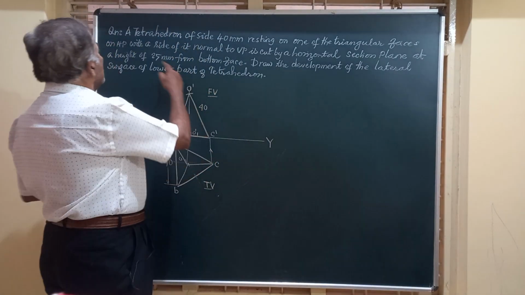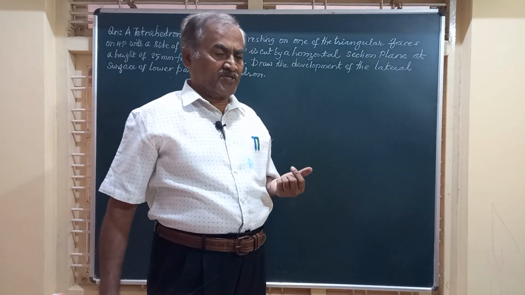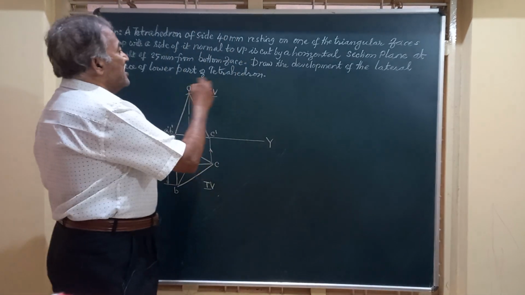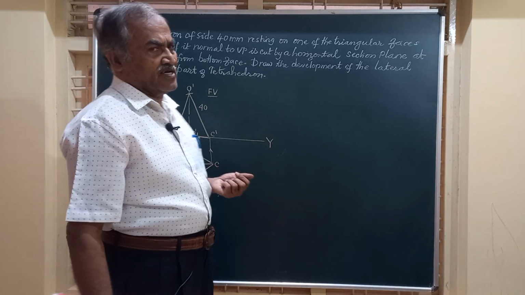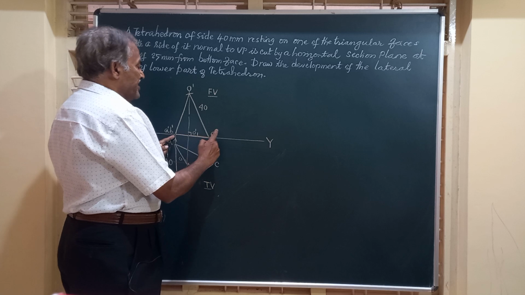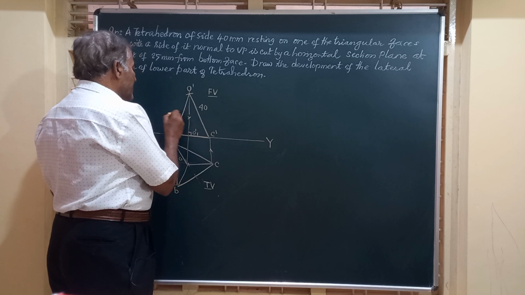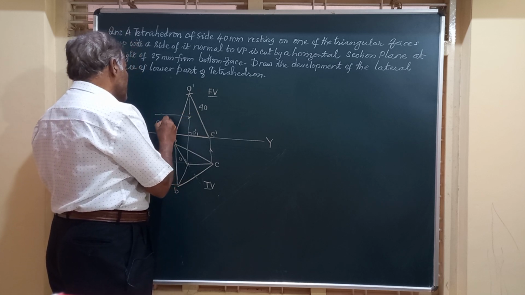Then comes drawing the development of the lateral surface. Friends, in the question it is specified, it is cut by a horizontal section plane at a height of 25 millimeter from the bottom face. Bottom face is A dash, B dash, C dash. So I am going to mark a point at a height of 25 millimeter from the bottom face.